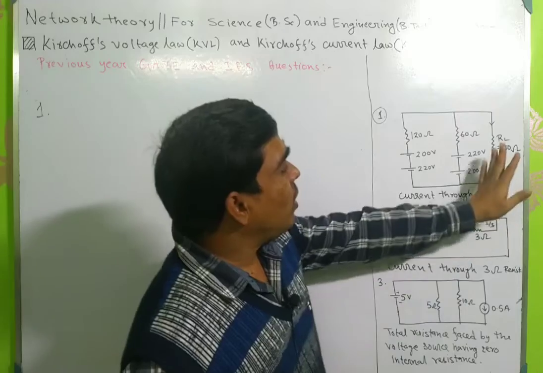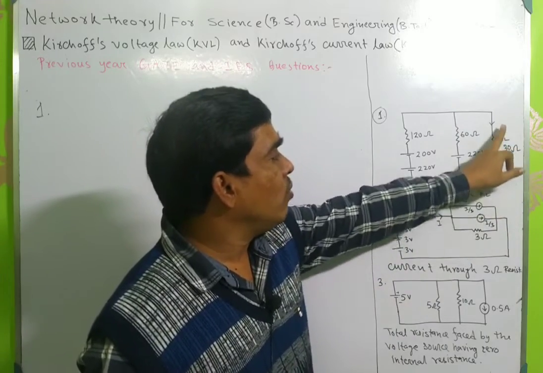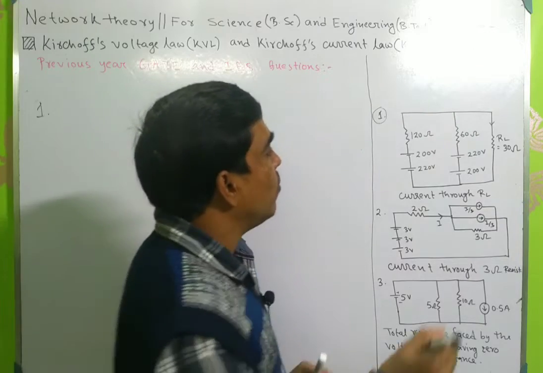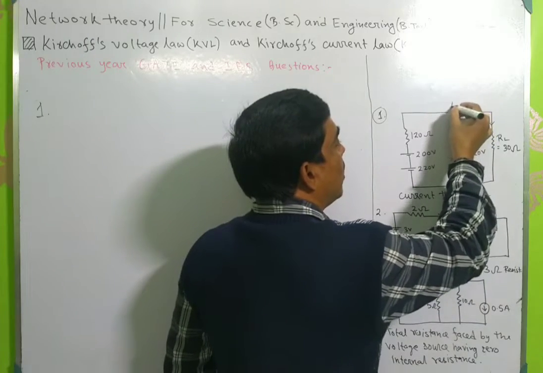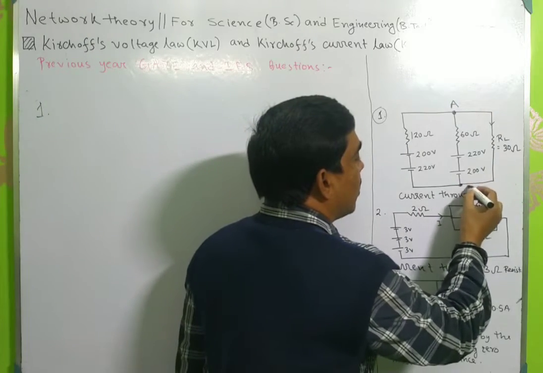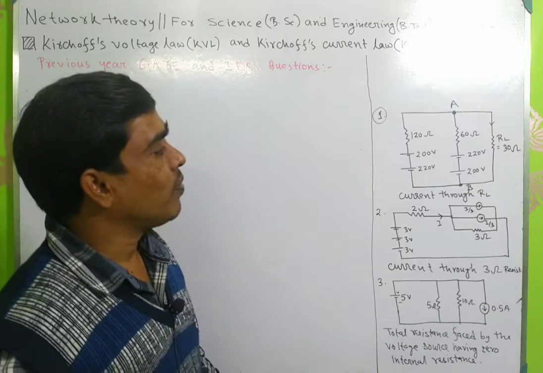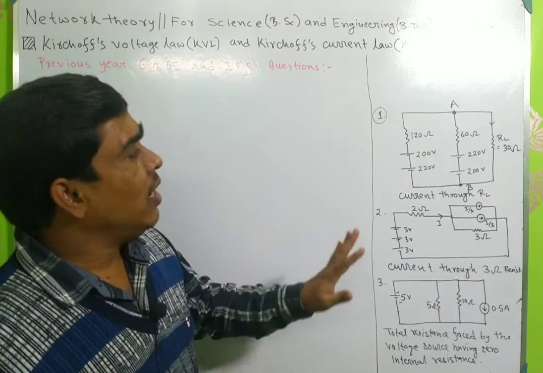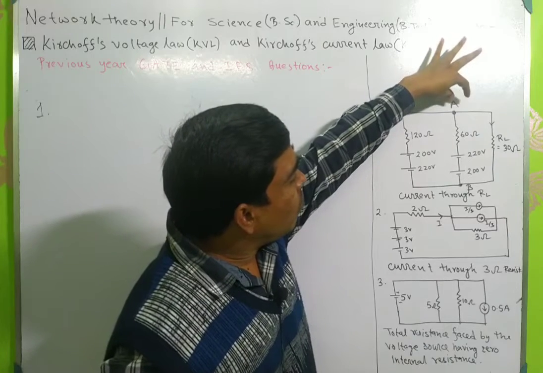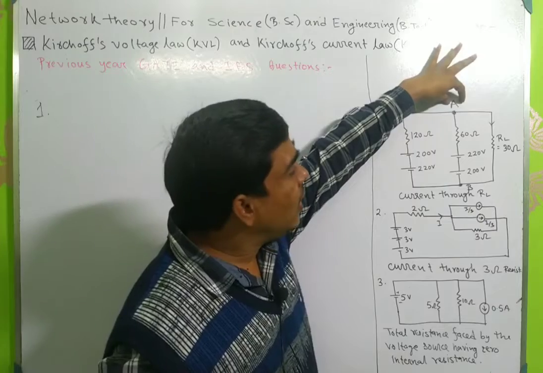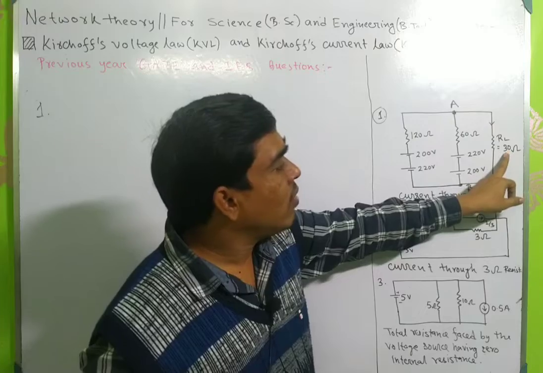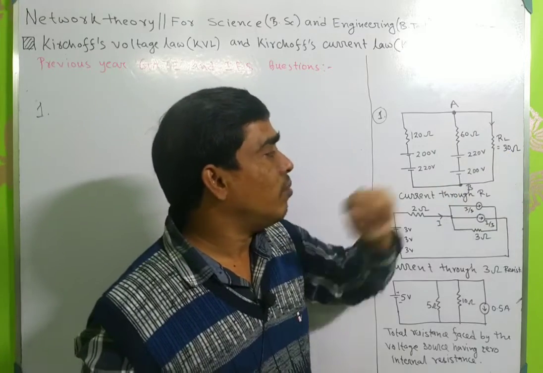How to calculate the current through this resistance? You have to know the node voltage. Suppose this is node A, and this is node B. So if I am able to calculate the node voltage of node A, then I can easily calculate the current through this 30 ohm resistance.